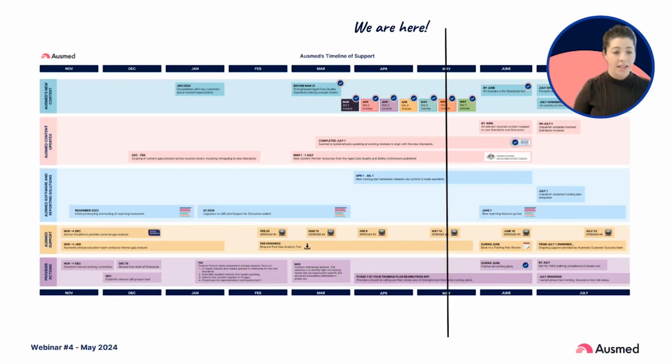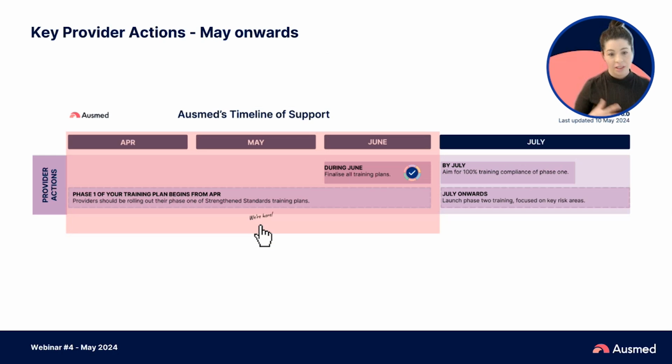So with that in mind, there are no key changes that I need to announce today in terms of our implementation timeline. It's still business as usual, working towards full implementation and making sure we're ready and we can help you get ready. So no changes here, just really encouraging you that in the months of May and June and even heading into July to make sure you're getting some training underway.